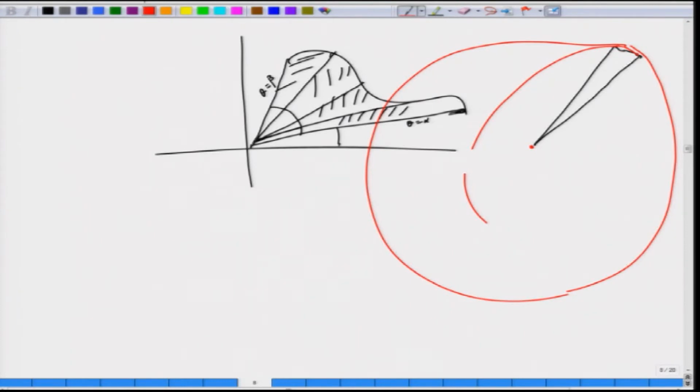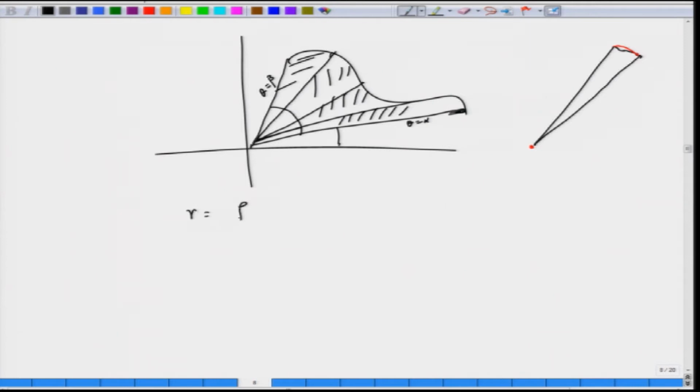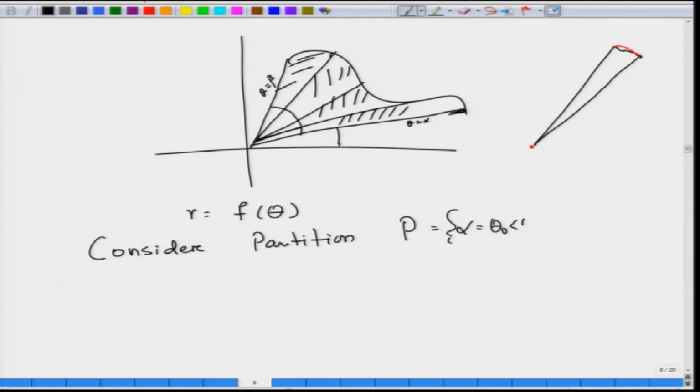Okay. So, now we have r equal to f of theta. Now, consider a partition P, which is alpha equal to theta 0 less than theta 1 less than theta n, which is equal to beta.